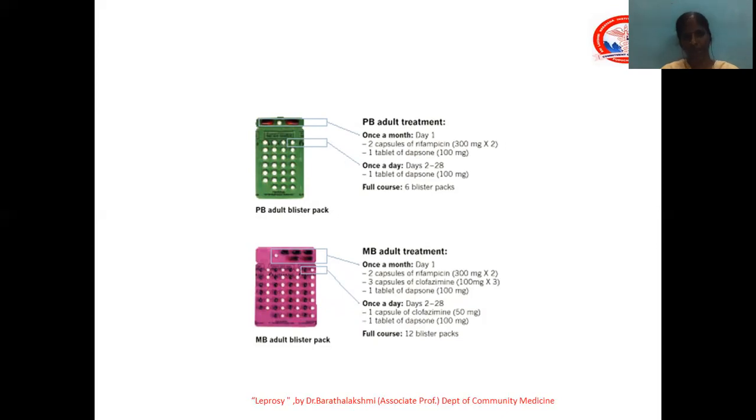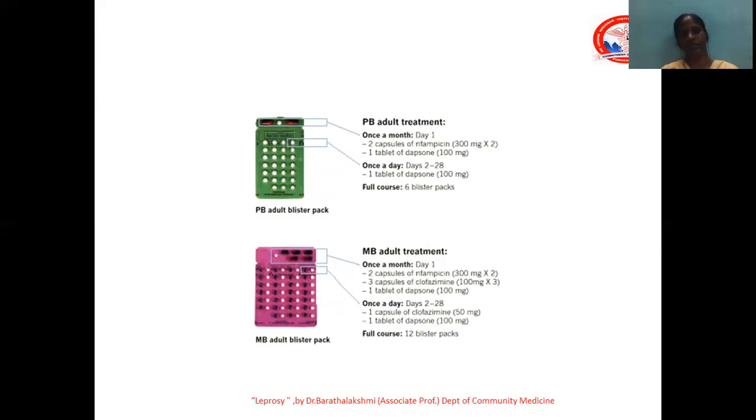The rest of the white tablets are the dapsone, which have to be taken by the patient at home for a period of 1 month. After completing it, the next day morning, the patient should bring the empty blister pack and show that he had consumed it, and get the treatment for the next month.